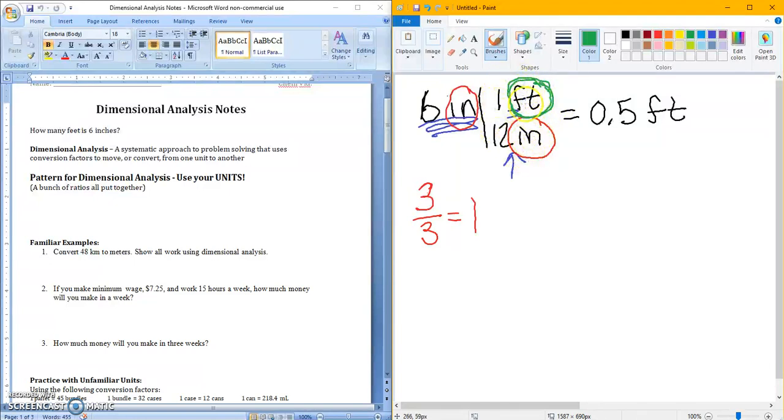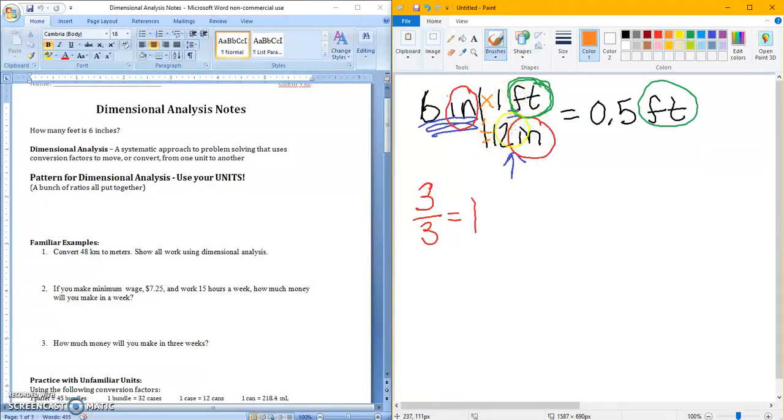I use my conversion factor to go from one unit to another unit. The units that I don't want cancel out, the unit I want stays. And that's how I get the unit on my final answer. Then I just need to follow the numbers. Just like with fractions or anything like that, I take my number, I'm going to multiply by the top, and I'm going to divide by bottom.